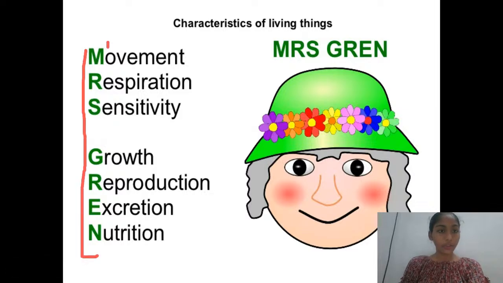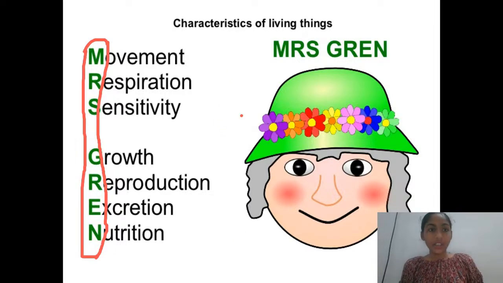You can observe the first letters of them. It spells as Mrs. Gren, right? M means movement, R means respiration, S means sensitivity, G means growth, R means reproduction, E means excretion, and N is nutrition. So these all form Mrs. Gren.